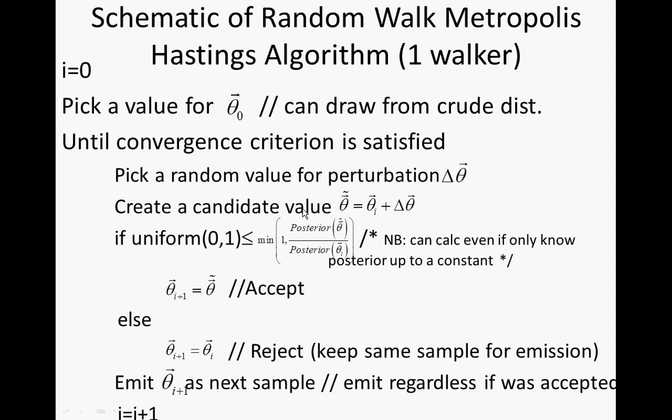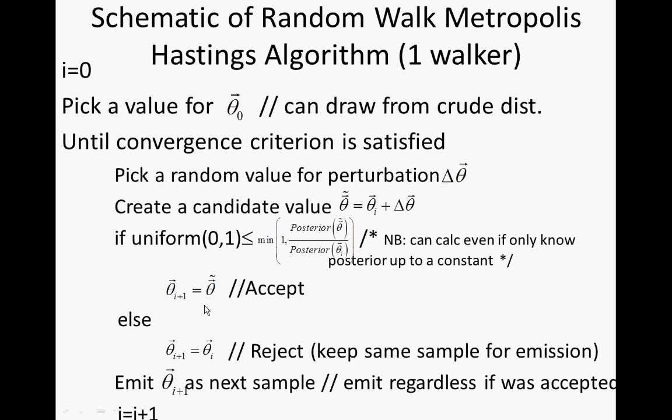We could go to other states with certain probabilities from that state, based on this relative likelihood of transitioning. That is based on this ratio here.